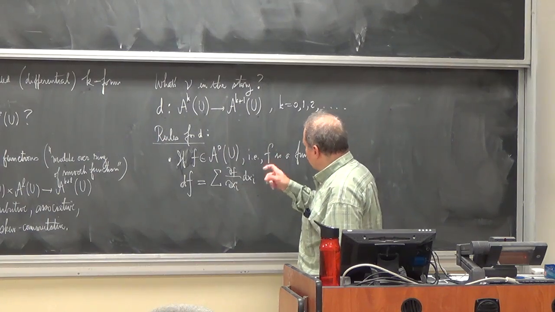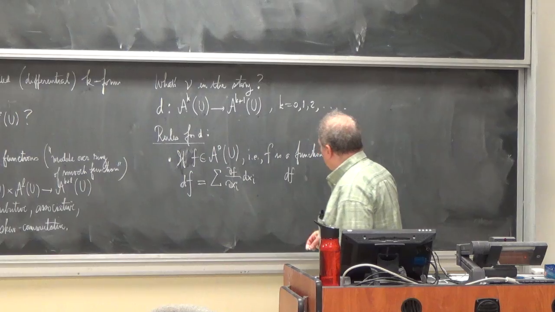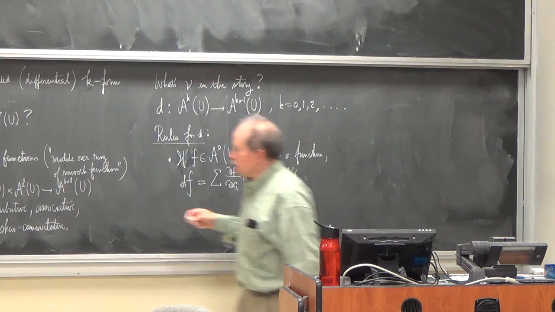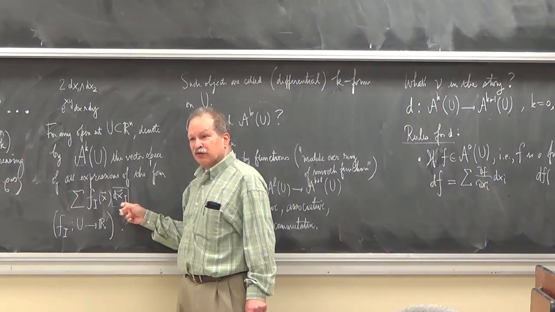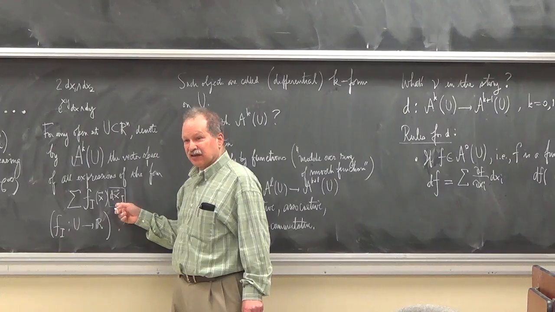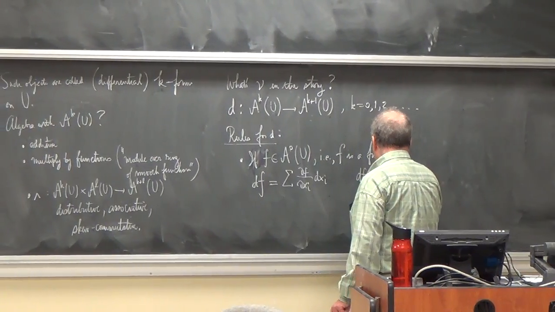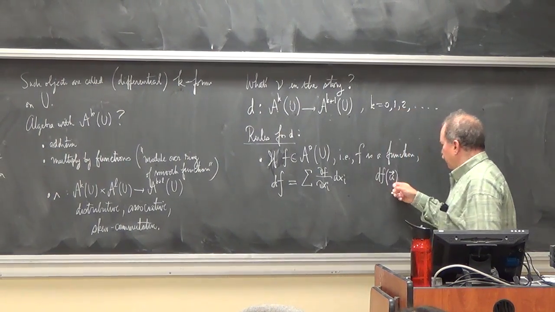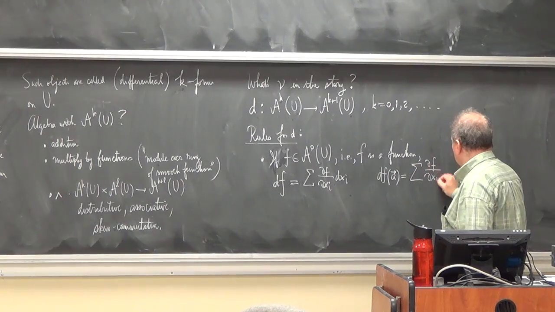So now remember, what is a 1 form? A 1 form needs to be something that depends on where you are, and then it's got differential form, it's got the dx's sitting there. So if I take the derivative of f at some point, let's say a, df at a should be built out of the partial derivatives at a.